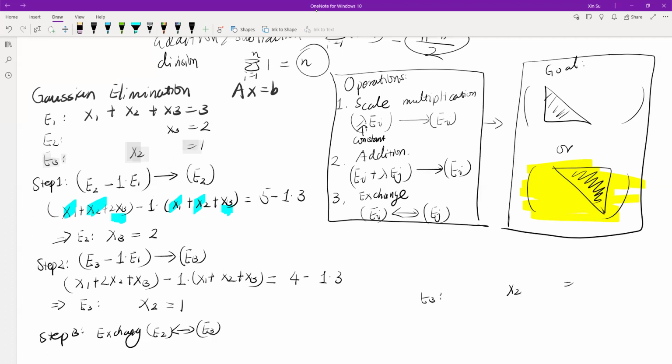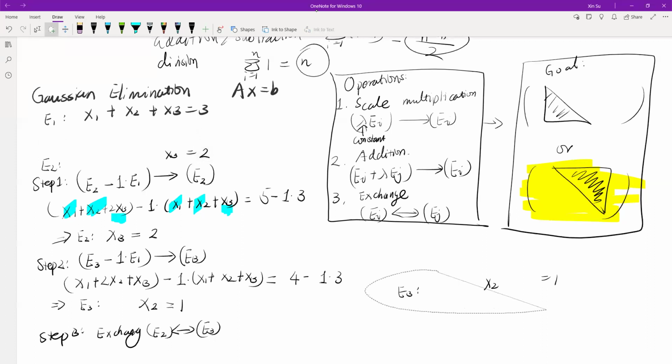Go back. There's 1 here. It's not moving. Move. And then this is going to the bottom. Please move the 2.